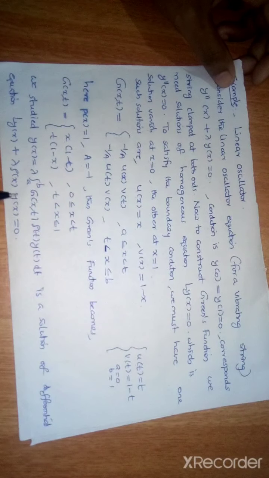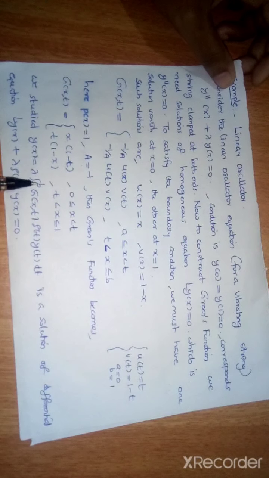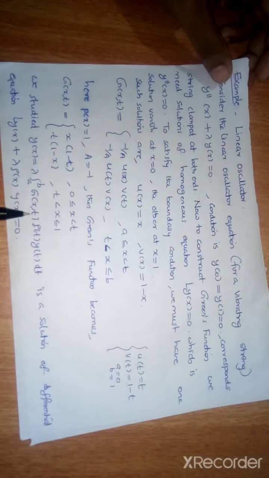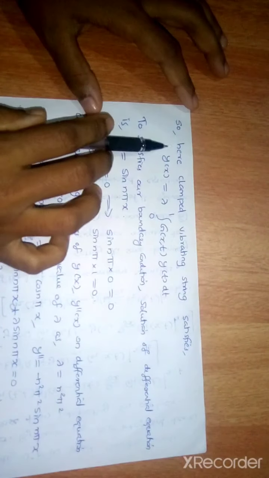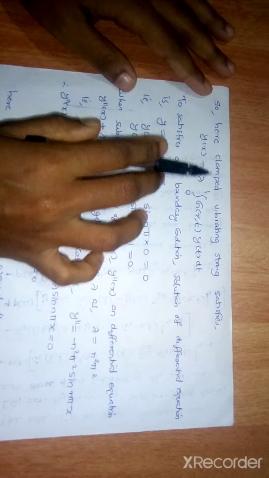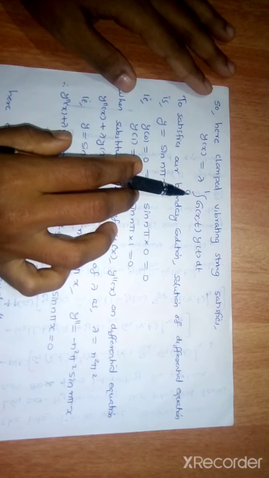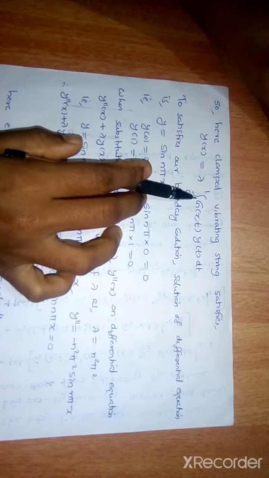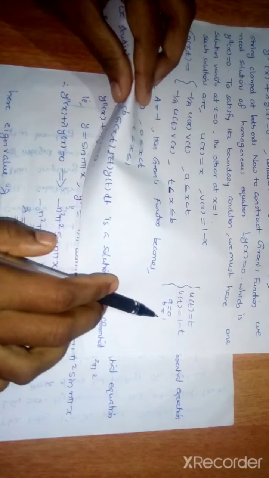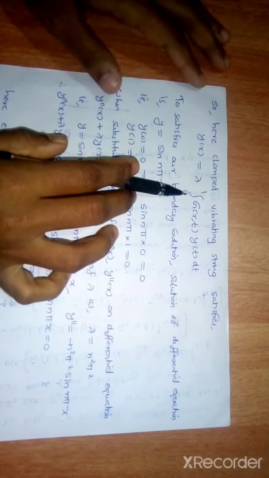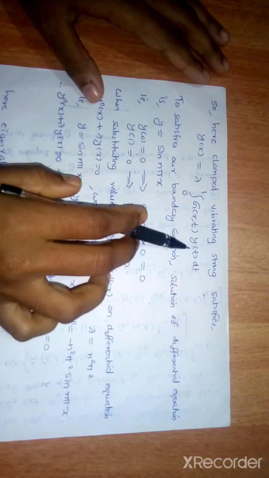And we found that the solution of the differential equation is y of x equal to lambda integral a to b g of xt rho of t y of t dt. So here the clamped vibrating string satisfies y of x equal to lambda. Here a equal to 0 and b equal to 1, then the integration becomes 0 to 1 g of xt y of t dt.